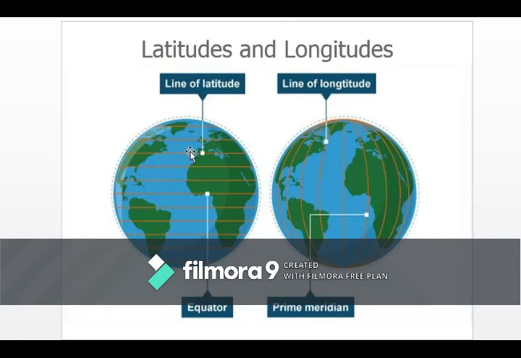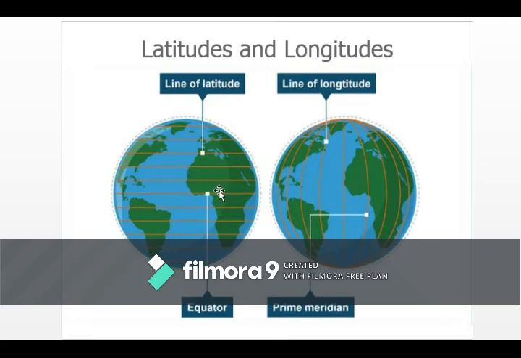I just used a term, hemisphere. What is a hemisphere? If I tell you that I'm talking about the areas above the equator, it means I'm talking about the northern hemisphere. And if I talk about the areas below the equator, it means I'm talking about the southern hemisphere.